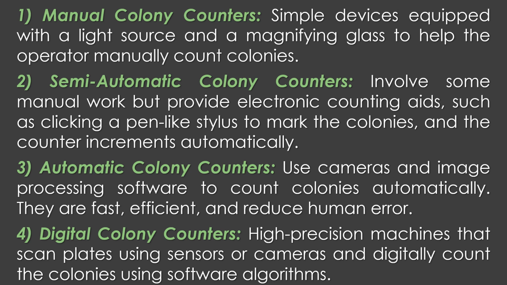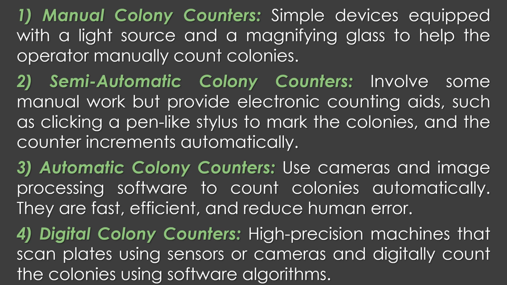The second type is semi-automatic colony counters. The semi-automatic colony counters involve some manual work but provide electronic counting aids such as clicking a pen-like stylus to mark the colonies, and the counter increments automatically. The third type is automatic colony counters.